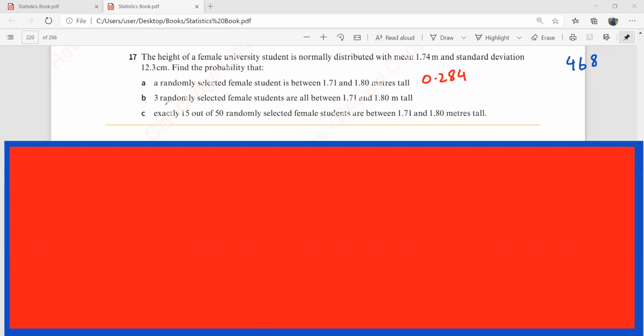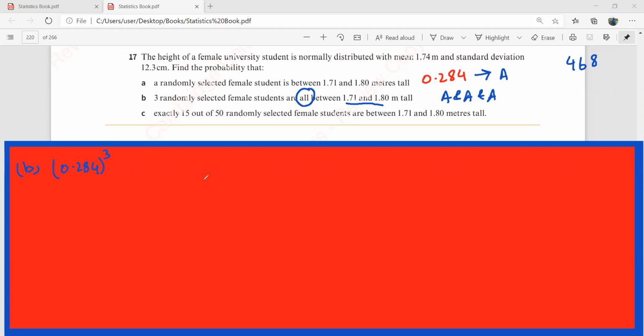As in this B part, it says 3 randomly selected female students are all, you have to look at this all, they are all between this range. So if this event is named as A, this means this is A and A and A situation. So clearly you can simply say this is going to be 0.284 raised to power 3.